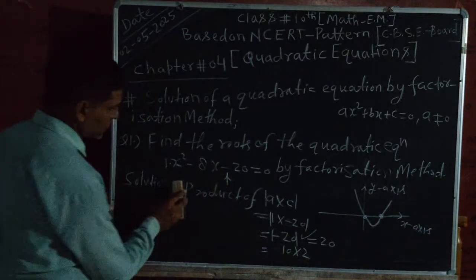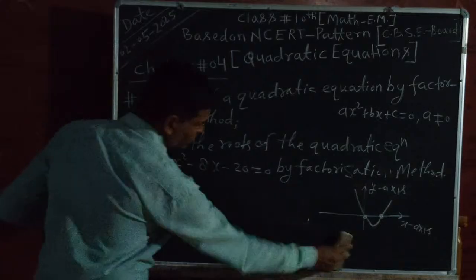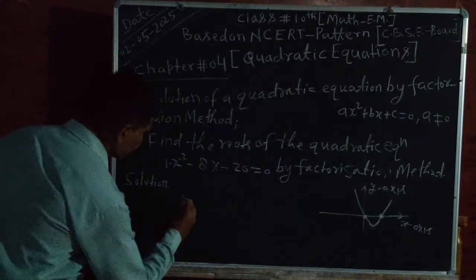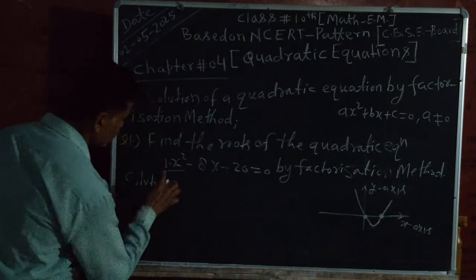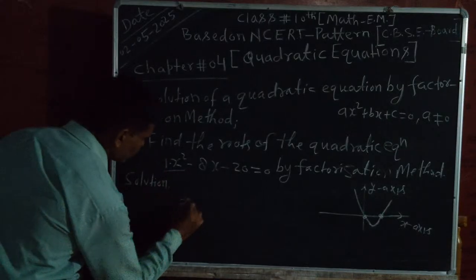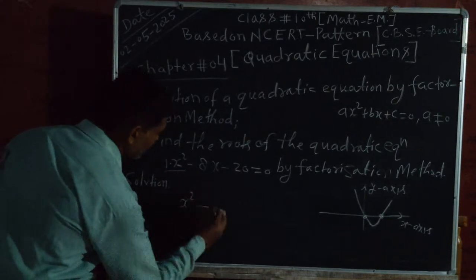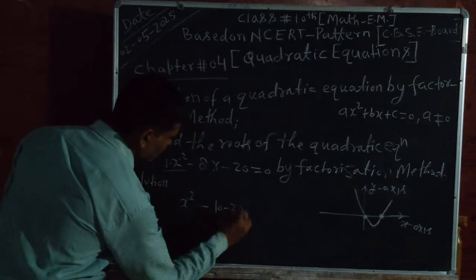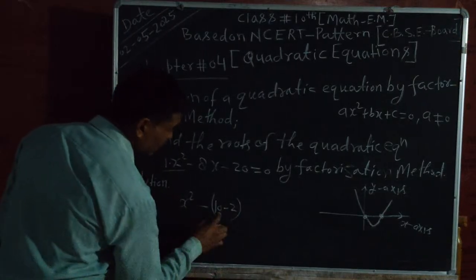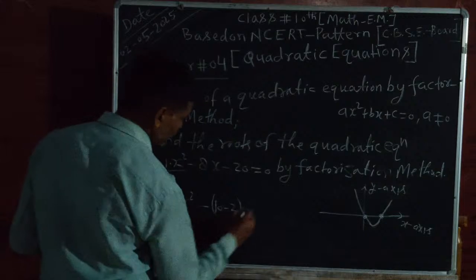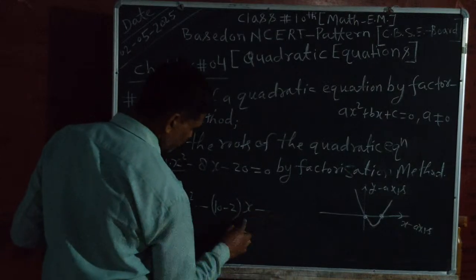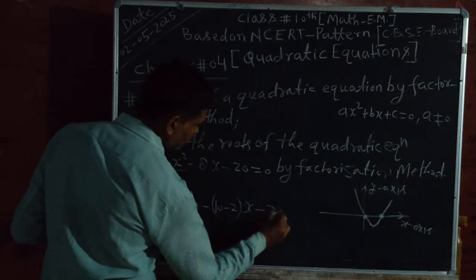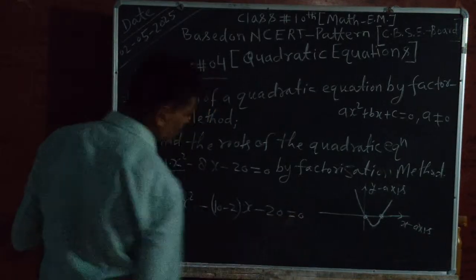Okay, student. So further I am going to erase this one. I have written 1 into x square, that is x square, and here I will write 10 minus 2 in the bracket, because one factor I have got is 10 and the other is 2, and here I will write x into x, and here given minus 20, which is equal to 0.